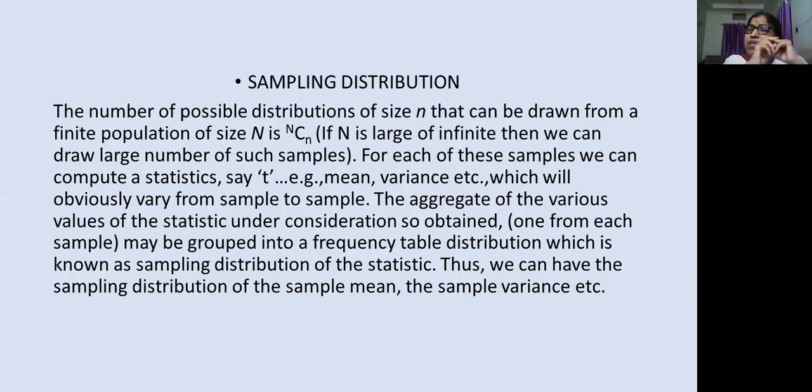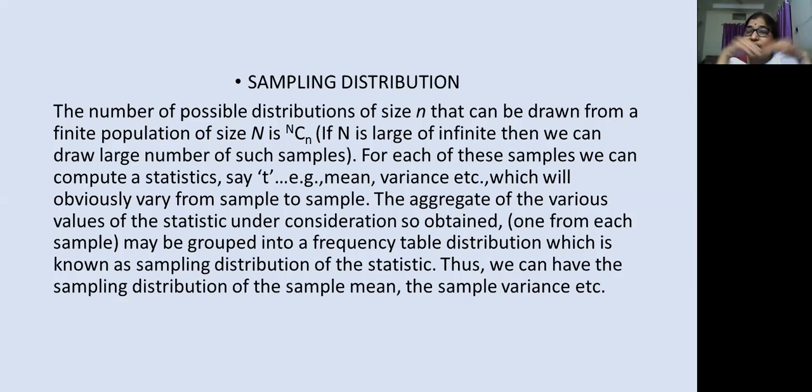Then he will take the 15 and take the average. So everybody has taken the sample by their own method and they all found the mean for that sample. And I put all 5 in a table: serial number 1, sample 1 and mean of it. Then serial number 2, sample 2, mean of it. Sample 3, mean of it. Sample 4, mean of it. Then I'll also find the variance for each sample. This complete table is called a sampling distribution.